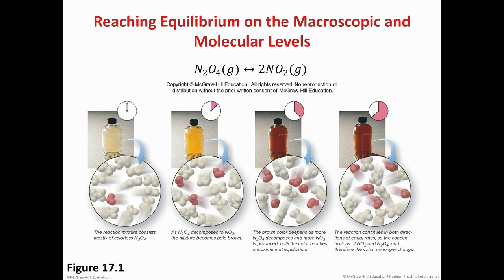It's just the relative amount stays the same. So the concentration of NO2 and N2O4 is the same at equilibrium, not necessarily to each other, but the relative amounts of reactants and products. So I won't count the white ones for you there, but I just want you to be aware that there's motion here.